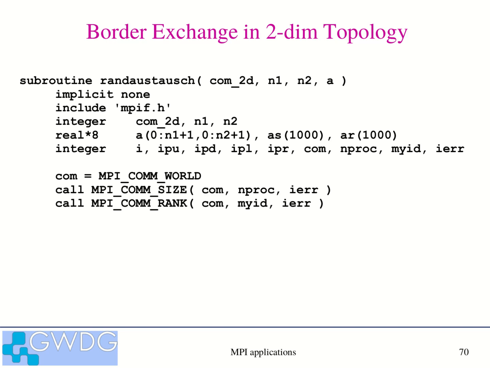I have additional memory space in the arrays, and we'll see why we need it. And then it continues. I have the parameters of my process in the initial communicator, which is COMM_WORLD.